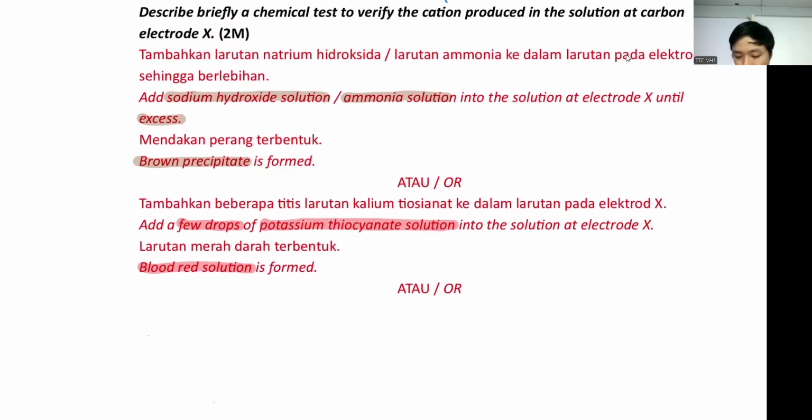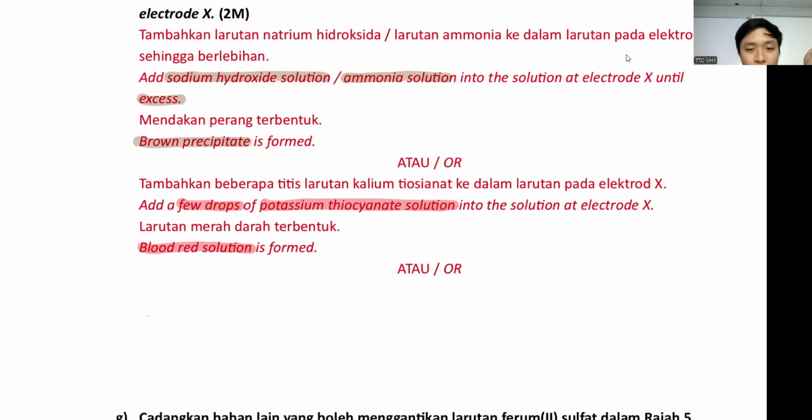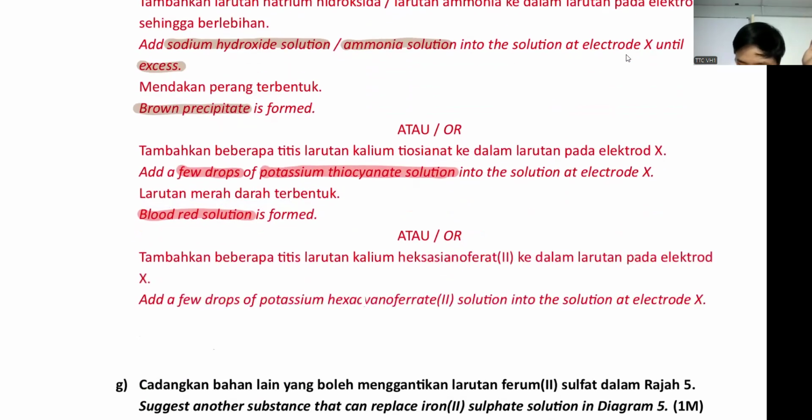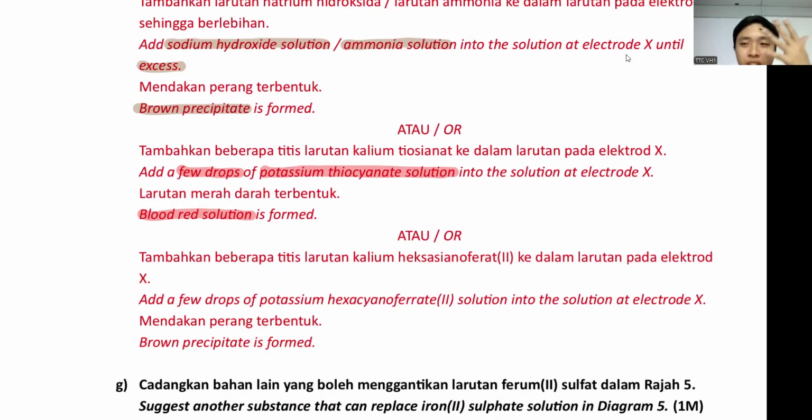In Malay, natrium hidroksida, larutan ammonia, mendakan perang. So this one is larutan kalium tiosianat, larutan merah darah terbentuk. Or another one, you just choose one only. This one I give you options, right? Because the answer scheme can sometimes have many possible answers, but you choose the one that you like.